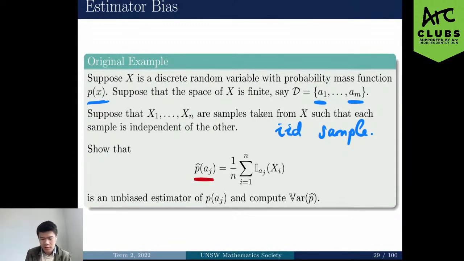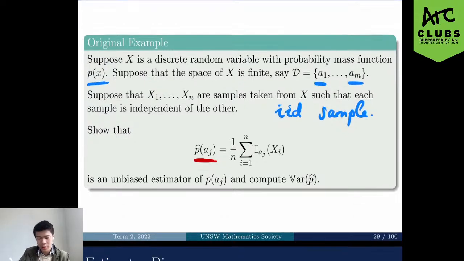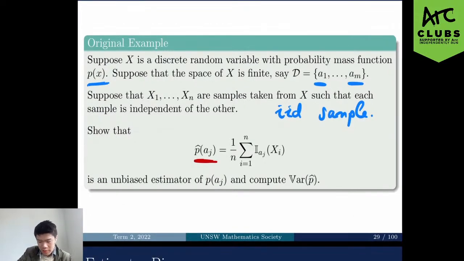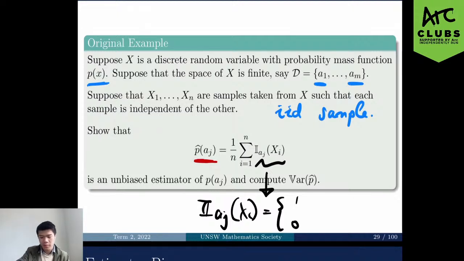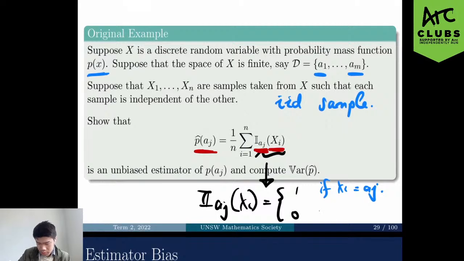The estimator of p of aj is equal to 1 on n times this curious little thing. This thing is an indicator function. And recall that the indicator function is either equal to 1 or 0. It's equal to 1 if aj is equal to xi, and it's equal to 0 if not.